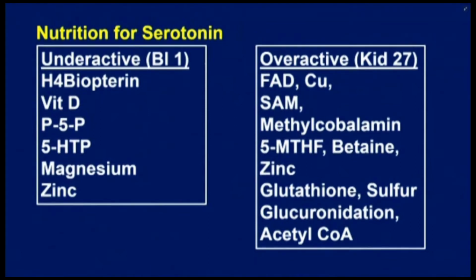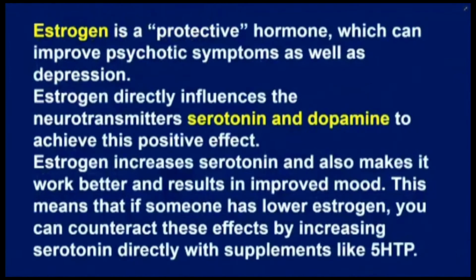Usually comes from Griffonia seed, magnesium, zinc, and then overactive serotonin at kidney 27. Same things: hydroxylation, methylation, conjugation. So those three have very similar enzymes. The only difference is that tyrosine is the precursor, and tryptophan is the precursor to serotonin.